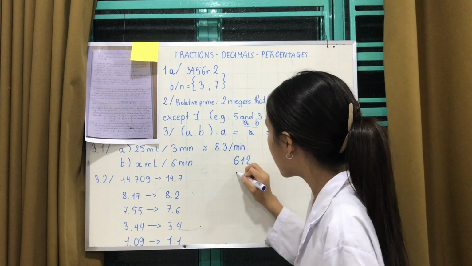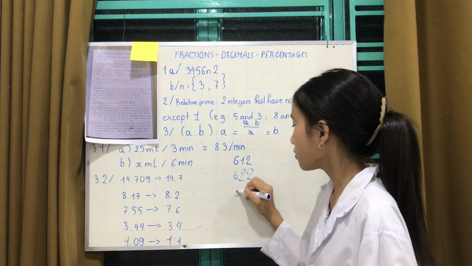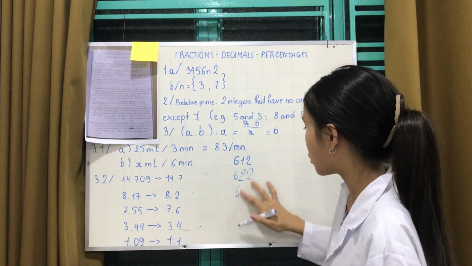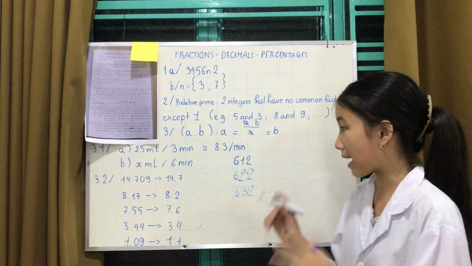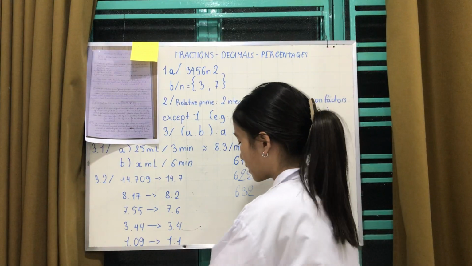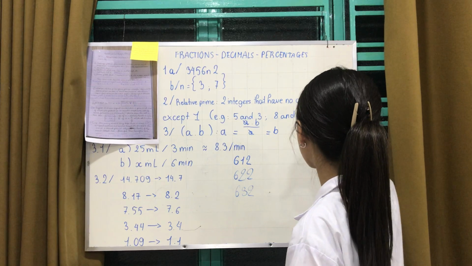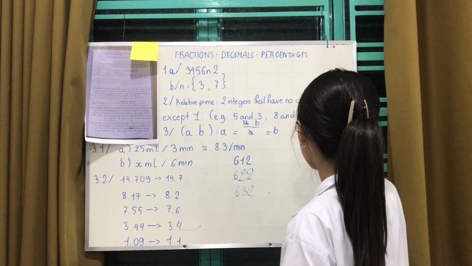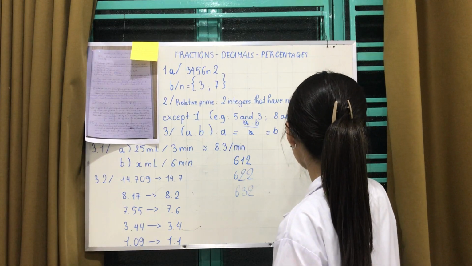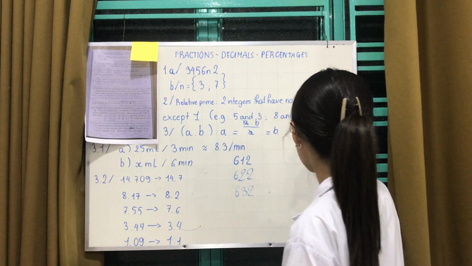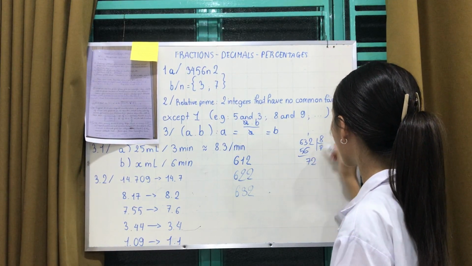Next we have 622, and that does not apply either. 632, well, 632 is divisible by 8, because if we take 632 divided by 8, 63 divided by 8 is 7, 7 times 8 is 56, remainder 7, bring down 2, 72 divided by 8 is 9.